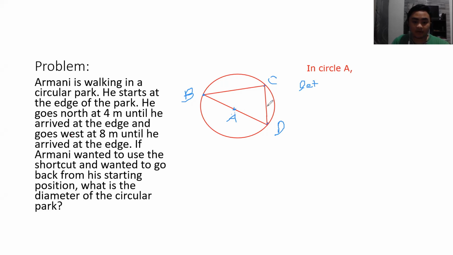So let's put here 4 and here is 8. Let line segment DC be equal to 4 and, sorry about that, let line segment CB be equal to 8. What is line segment BD?